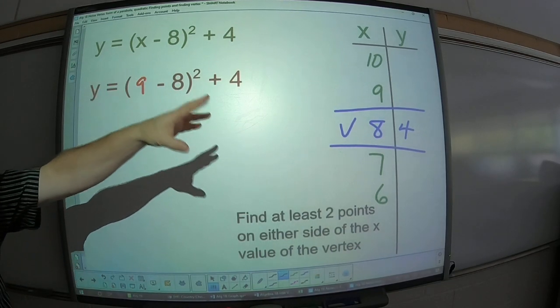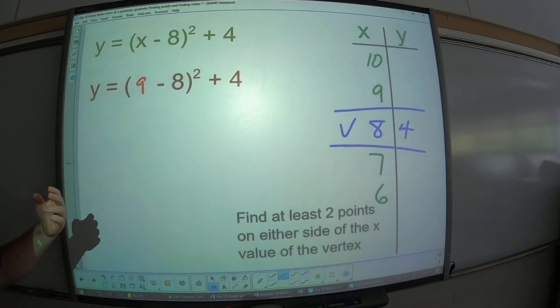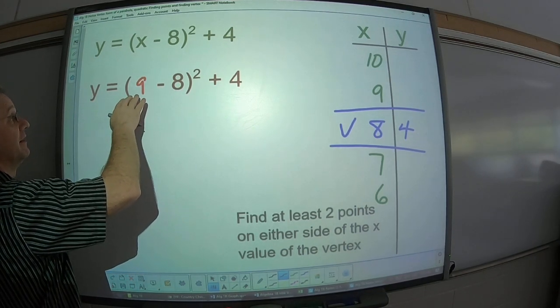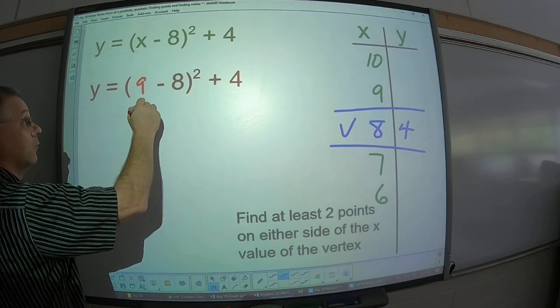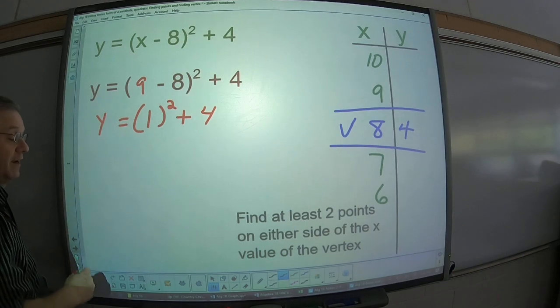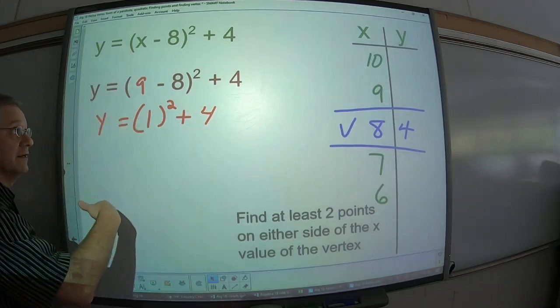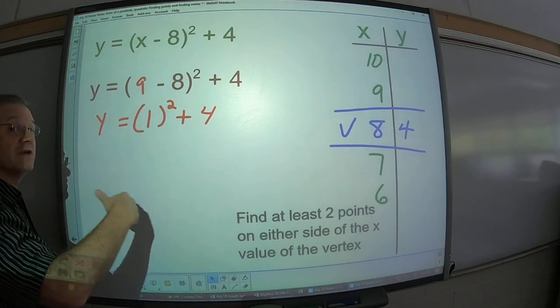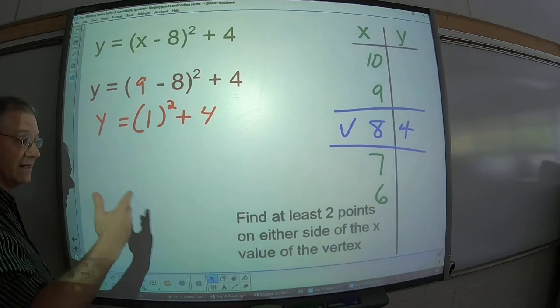And then eventually we're going to give you problems where you have to do all of the work. But in this case, 9 minus 8, 1 squared, and you just proceed through it. So if you wrote this out and just left that blank, you could keep reusing that or write it out each time.